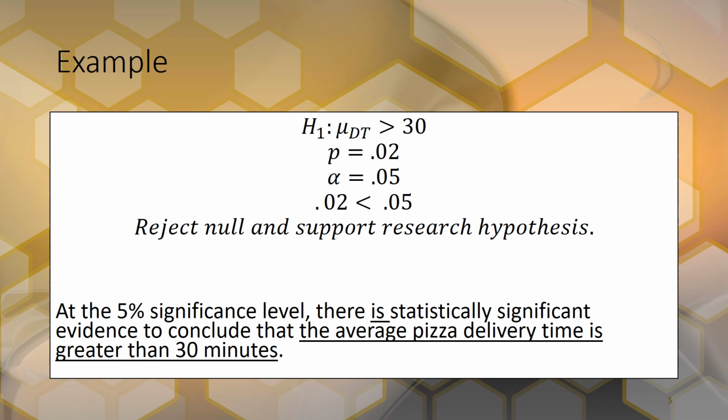And if we found that there was not support for our research hypothesis, that we failed to reject the null, that our p-value is greater than our alpha level, then we would put is not here. Okay? Hopefully that's not too complicated. Just follow the basic formula for that sentence.